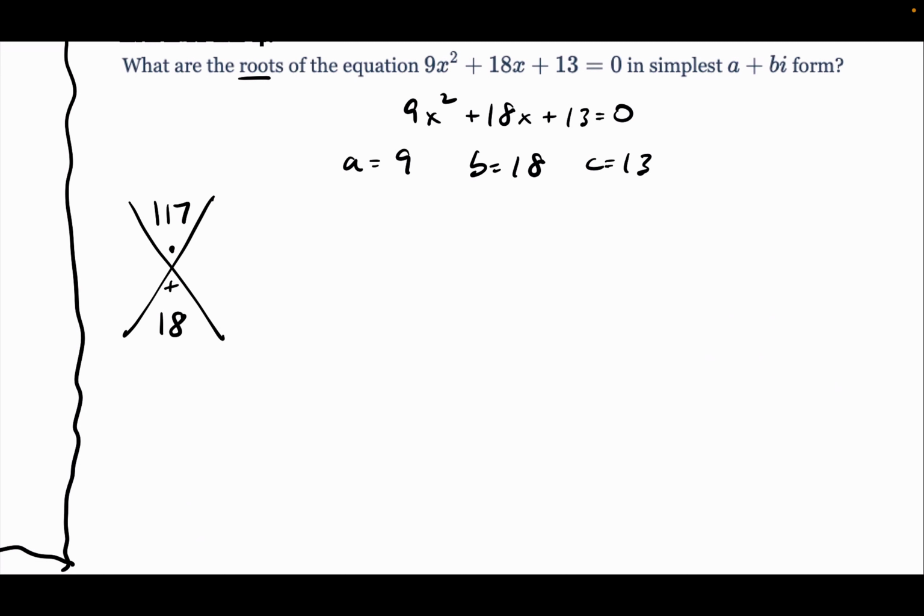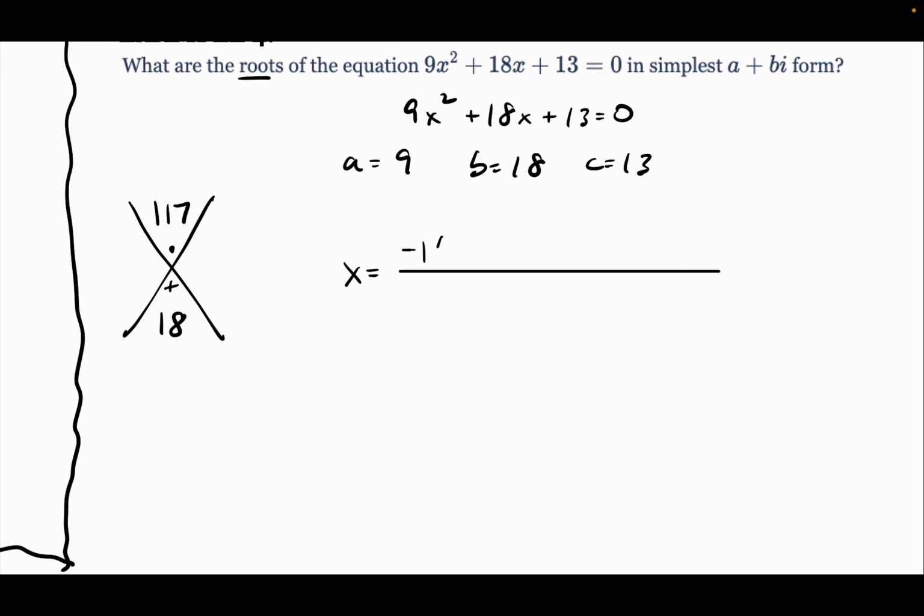I don't want to spend 5, 10, 20 minutes trying to figure that out. So I'm just going to go right to the quadratic formula. There might be 2 numbers that multiply, okay? But I'm not worried about that right now. I'm just going to go right to the quadratic formula because I don't want to spend time on that.